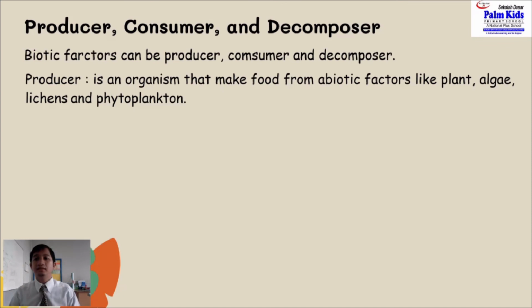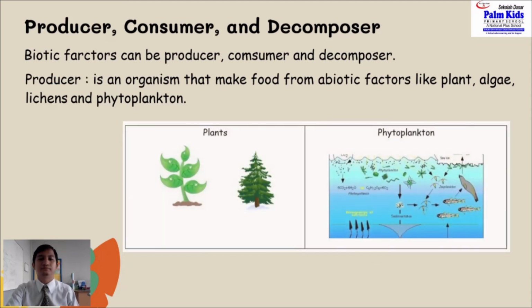They don't need any other animals to feed them. And from those, they create their own food, such as leaves. And these leaves are creating food for the next part of the ecosystem, that is the consumer.